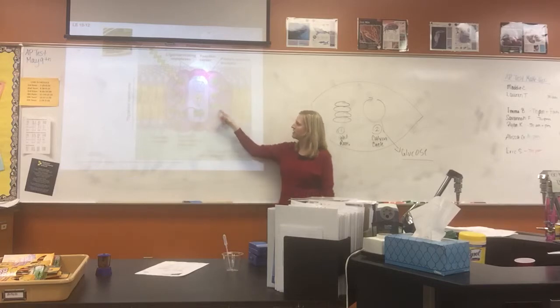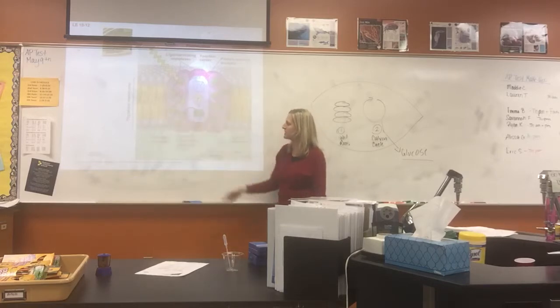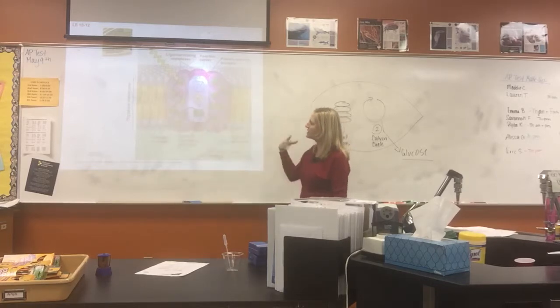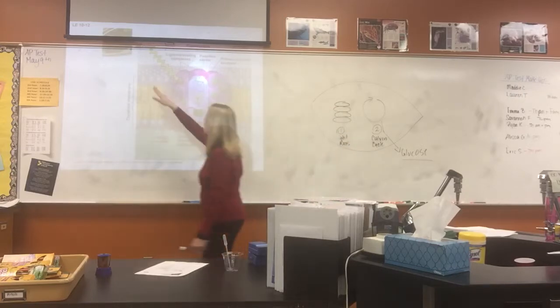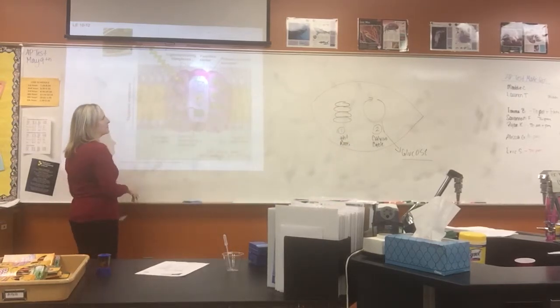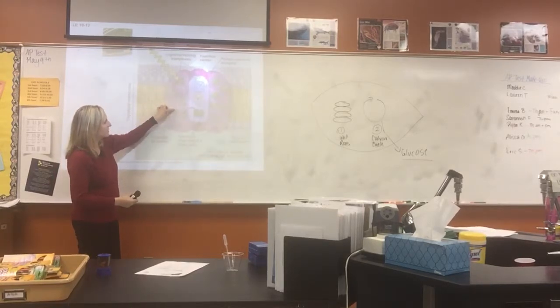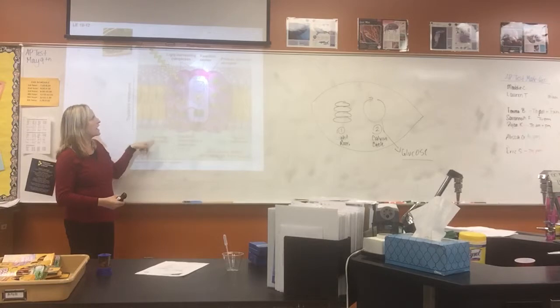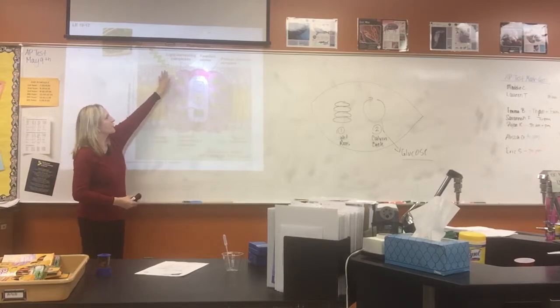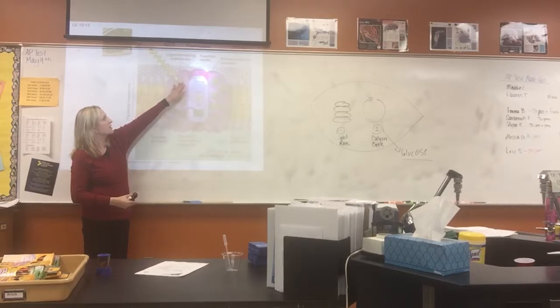All of these green circles here are different pigments. Light energy is absorbed by one of the pigment molecules, and the arrows show the transfer of energy from the pigment molecule that originally absorbed the light.